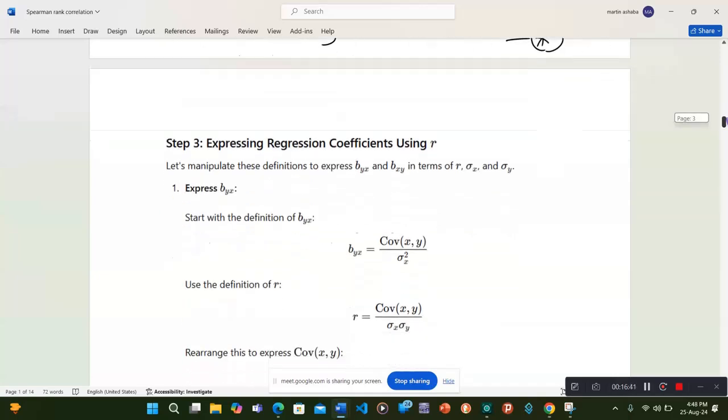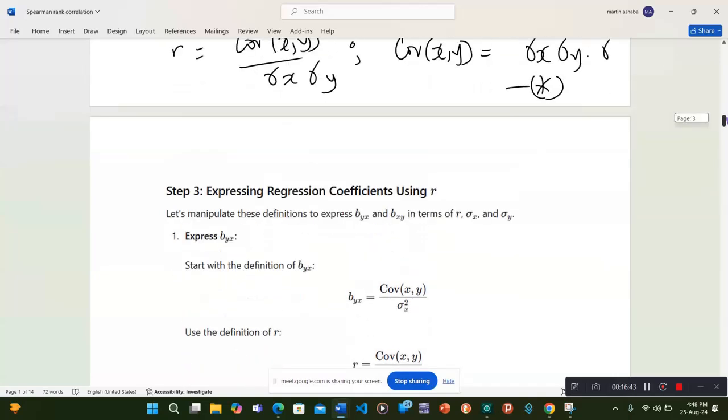Then from the correlation coefficient of y on x, we have byx equal to covariance between y and x divided by sigma y squared.